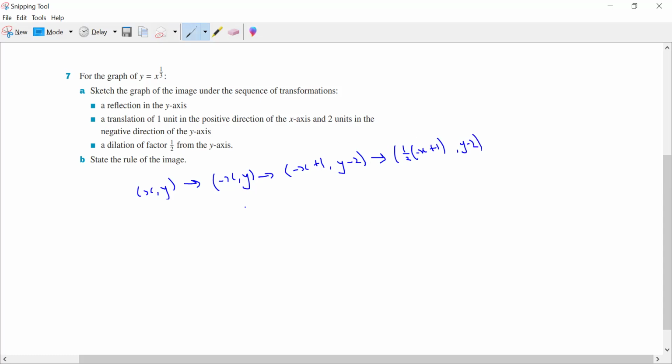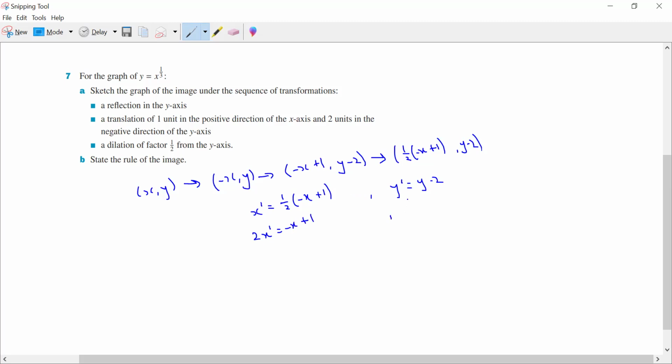And then what you want to do is write out x dash equals half of negative x plus 1, and the other one is y dash equals y minus 2. And then we've got 2x dash equals negative x plus 1.